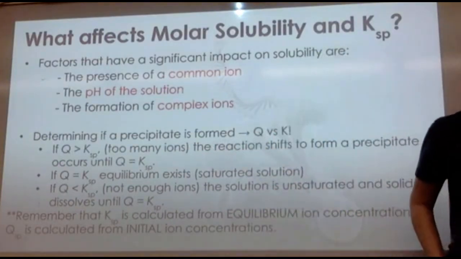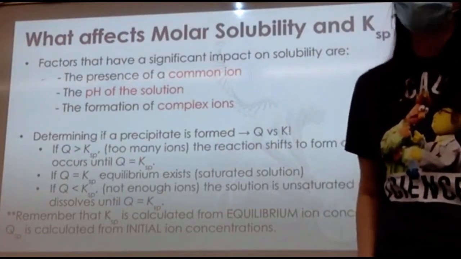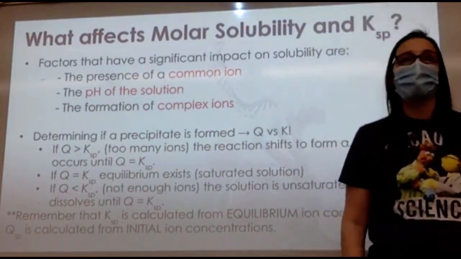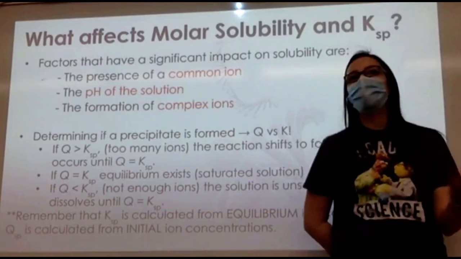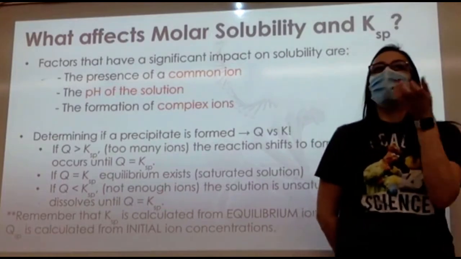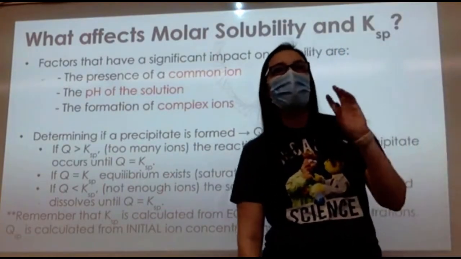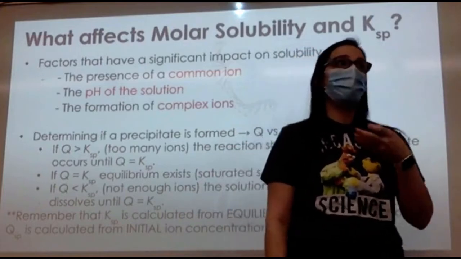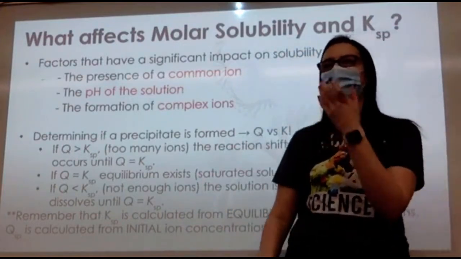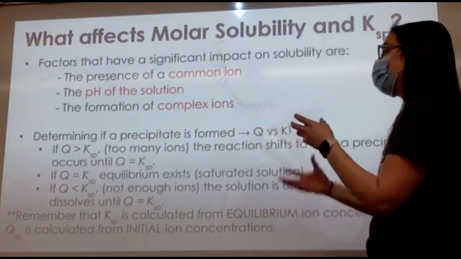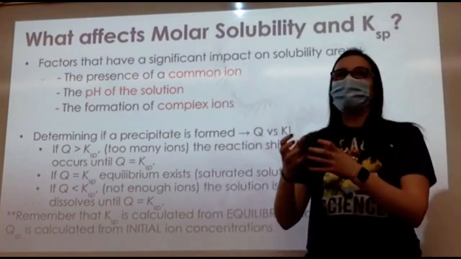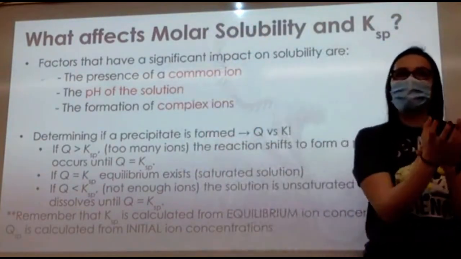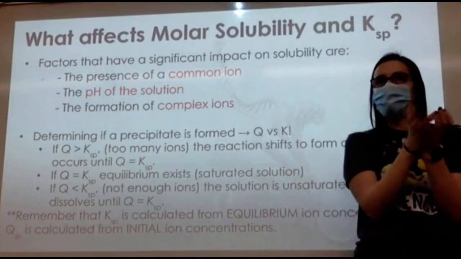Essentially what happens with a complex ion is you have a metal, something like Fe2+, that can actually form this complex ion with other substances. A lot of times we see it with water. It's pulling the metal ion out of solution to create these complex ions.